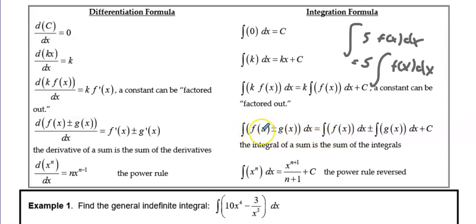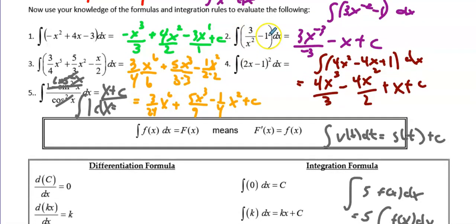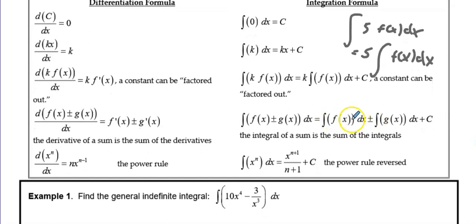If you want to integrate pieces that are adding and subtracting, just like in these examples up here, I can integrate them separately and then put them back together at the very end. So I can integrate f of x plus g of x by integrating f of x separately from g of x and then putting them together. This is going to be the sum rule, our rules right here.